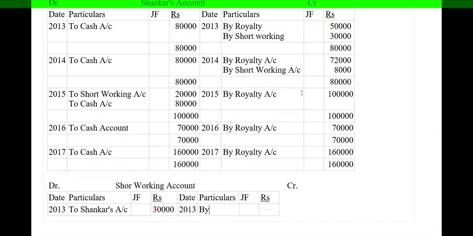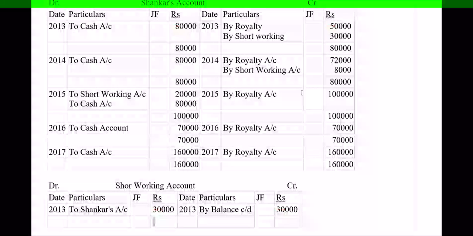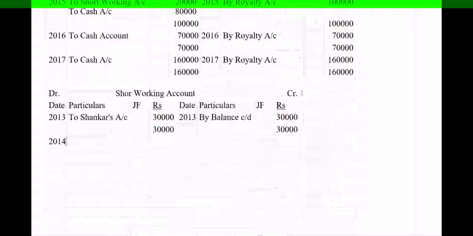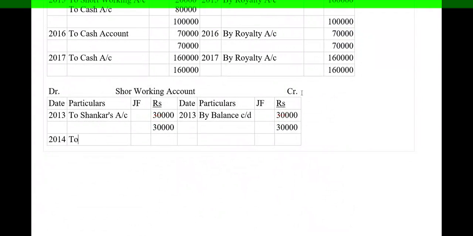So we should write by balance carried down, rupees 30,000. Then we should take the total of the same. Then 2014, at the beginning of 2014 this balance will be brought down. So to balance brought down, here it is 30,000.